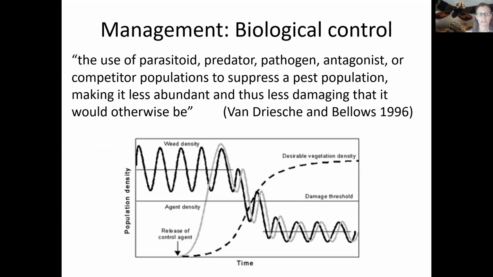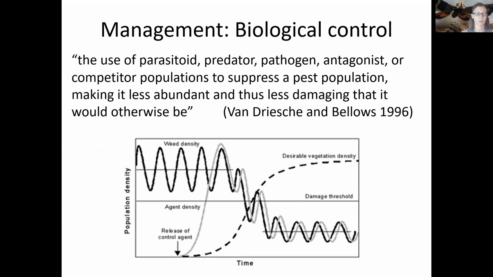So one of the management strategies that you read about a little bit in the MAC article, we'll talk a little bit more about management towards the end of the class, but one important management strategy is biological control.